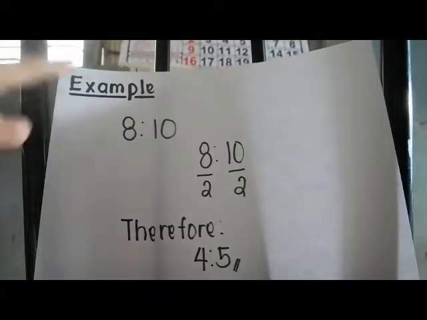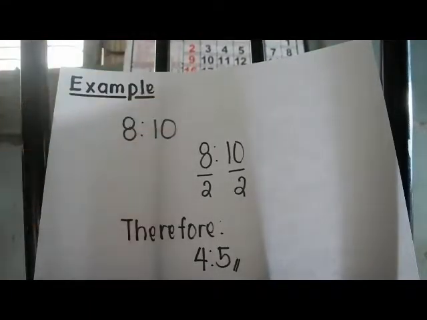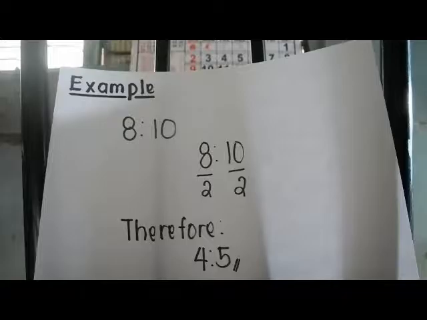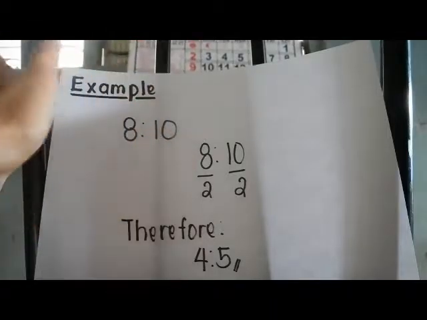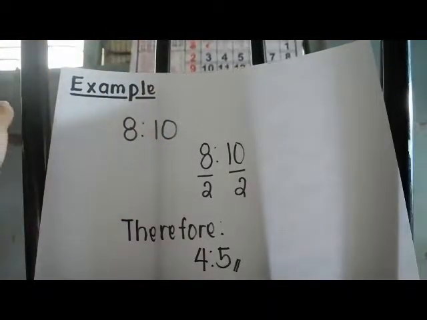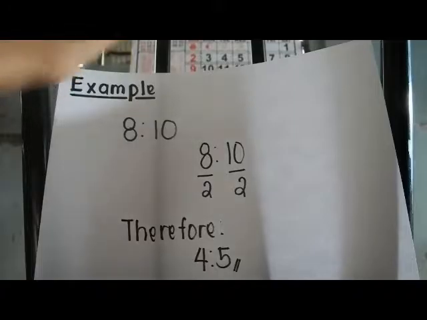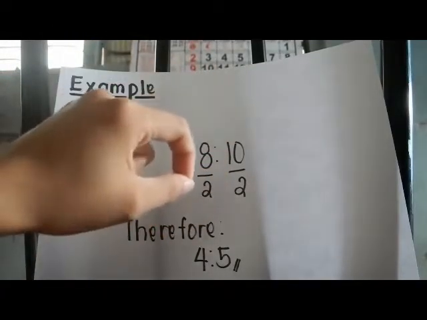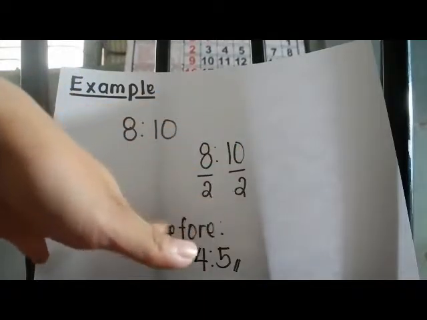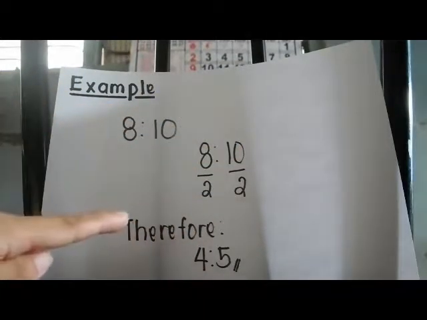We have 8 is to 10. First, we must think of a number that will divide 8 and 10 equally. We can use 2. Why? Since 4 times 2 is 8, and 5 times 2 is 10.